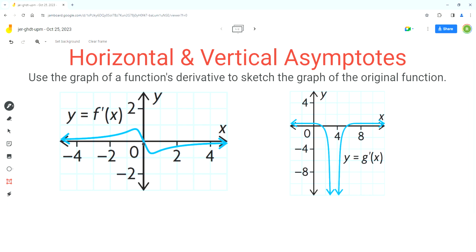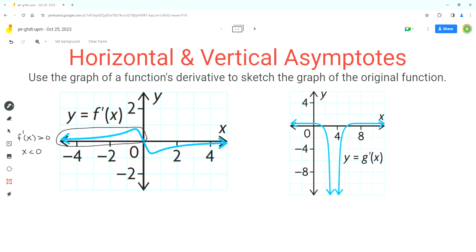Now this graph is above the x-axis on the left side of the y-axis. So this part here is above the x-axis. That means f prime of x is greater than 0 on the left side of the y-axis, that is, for x values which are less than 0.